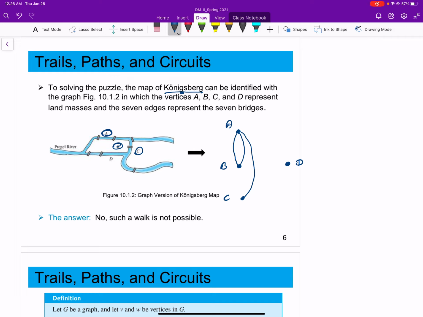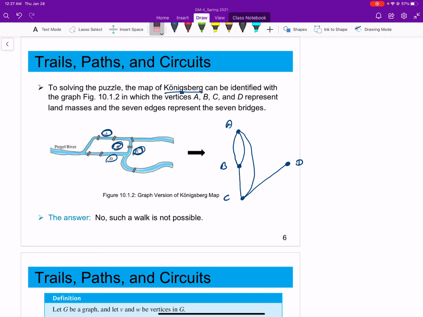And then between B and C there's one bridge. And then between D and C there's again one bridge. And then no bridge between A and D, no bridge between these 2 land masses. And then I think this is the corresponding graph.